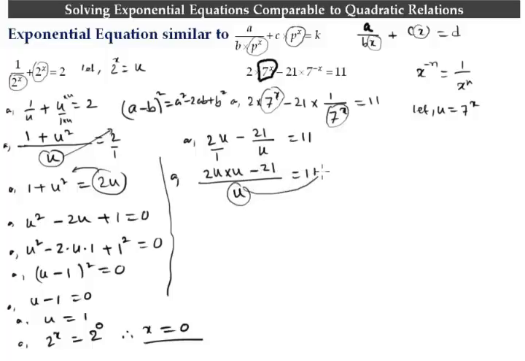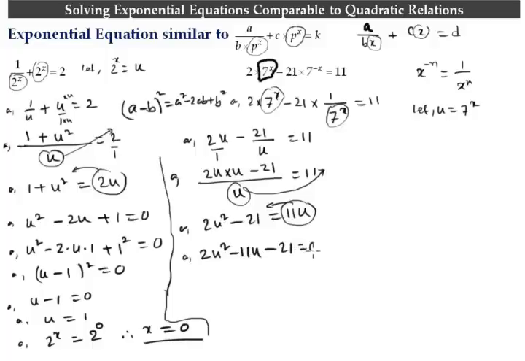If we take this u on the right hand side, we will get 2u square minus 21 equals 11u, and if we bring this 11u on the left hand side and rearrange the equation a little bit, we will get 2u square minus 11u minus 21 equals 0.